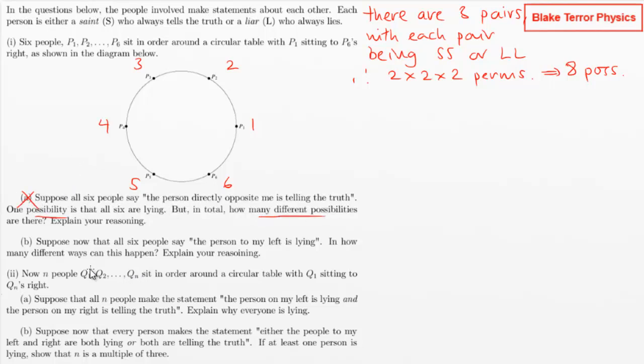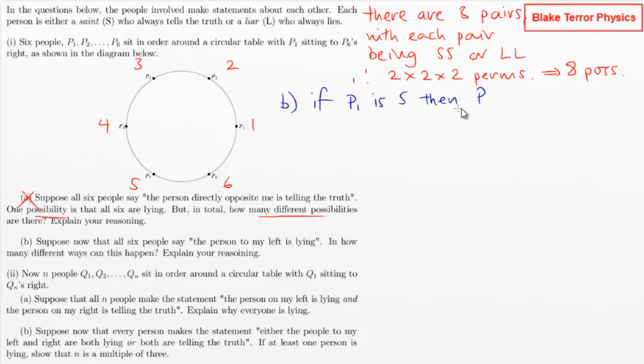Cool, part A done. B, suppose now that all 6 people say the person to my left is lying. In how many different ways can this happen? Right, so let's do our usual if and see if we get any contradictions or if it just lays it out. So if P1 is a saint, then that will mean the person on their left is lying.